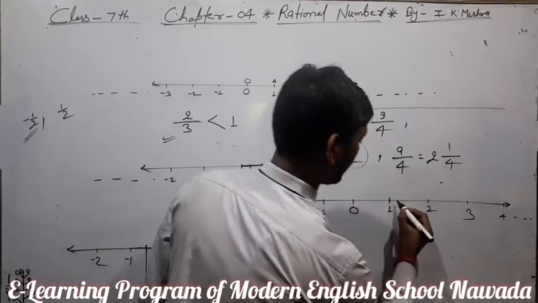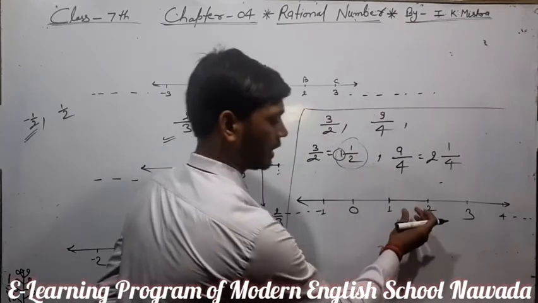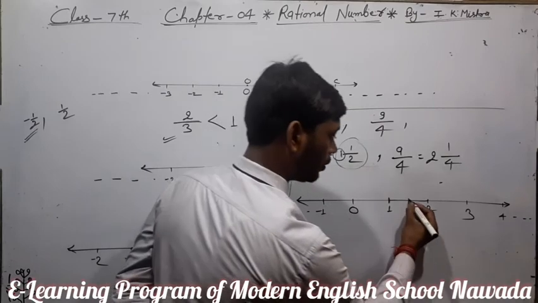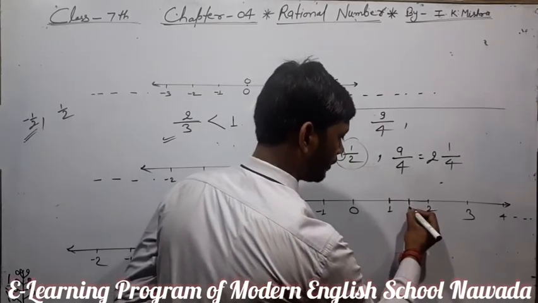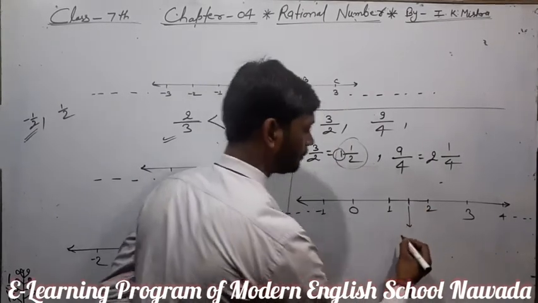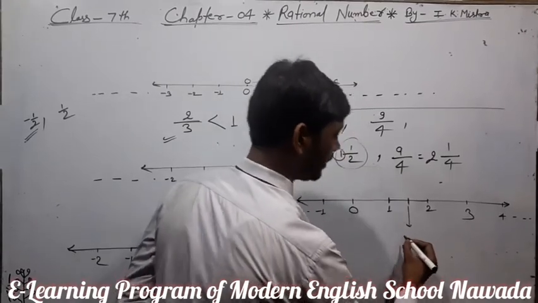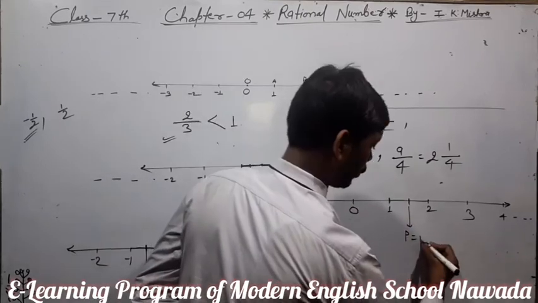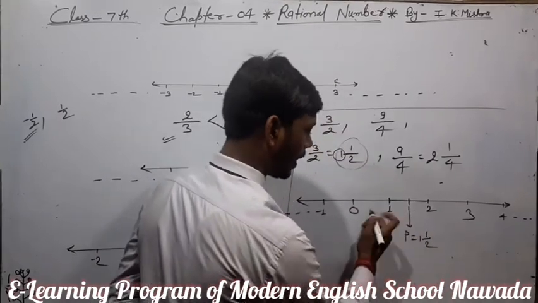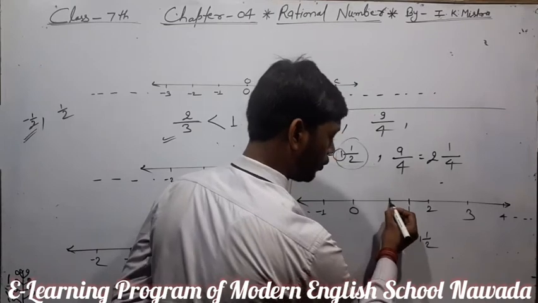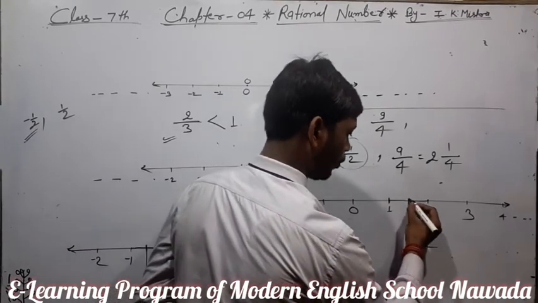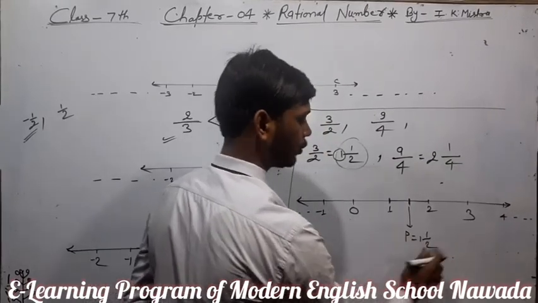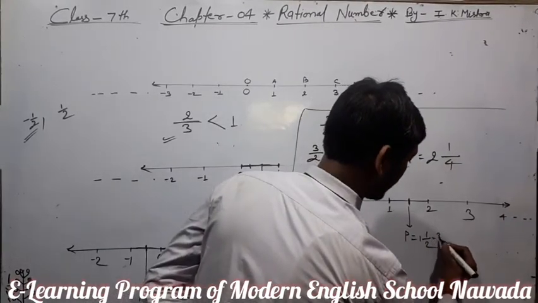You divide this distance into two equal parts, because its denominator is 2. So this point is point P equal to 1 whole 1 by 2, because up to 0 to here is 1 unit, and here 1 by 2 unit. That means this point is 1 whole 1 by 2, that means it is equal to 3 by 2.